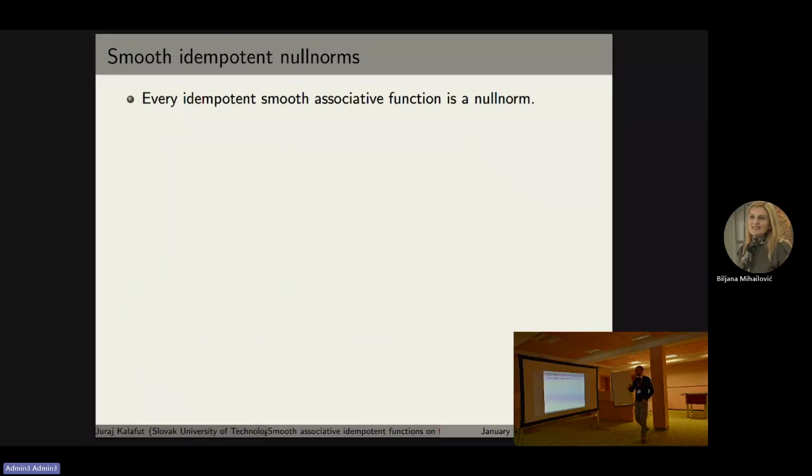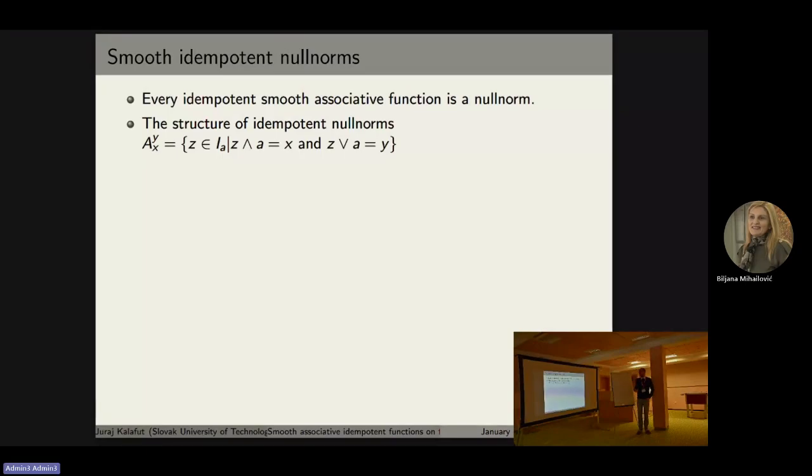And let's say something about smooth idempotent null norms. Not only are all idempotent smooth uninorms null norms, but every idempotent smooth associative function is a null norm, which somehow reminds us of chains and the unit interval. And the structure of idempotent null norms depends strongly on these subsets.